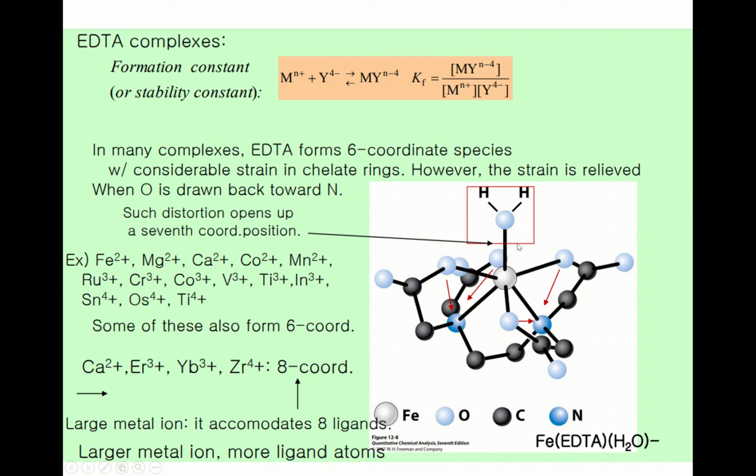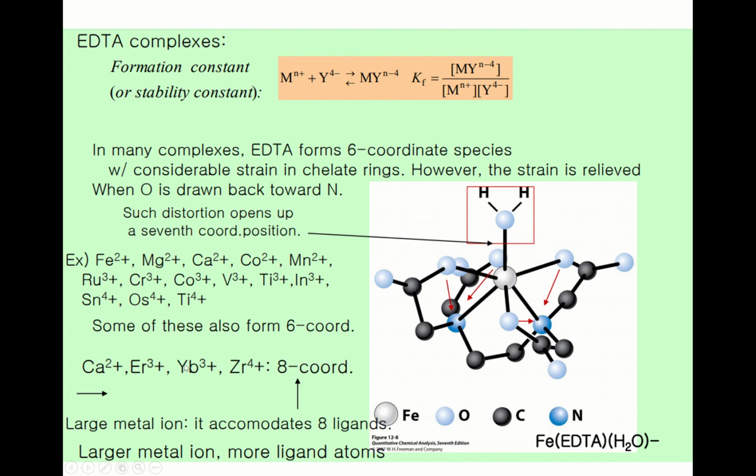So actually this is not hexa, this is hepta coordination compound. For this one, the iron, magnesium, such a distortion opens up the seventh coordination position. This is for ions such as ferrous iron, magnesium, calcium, cobalt, manganese.